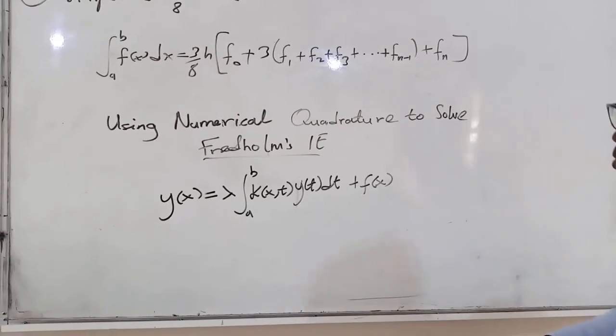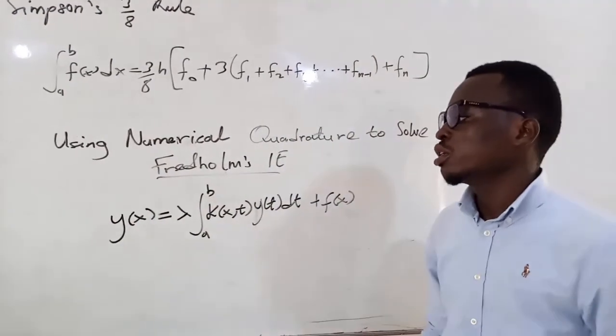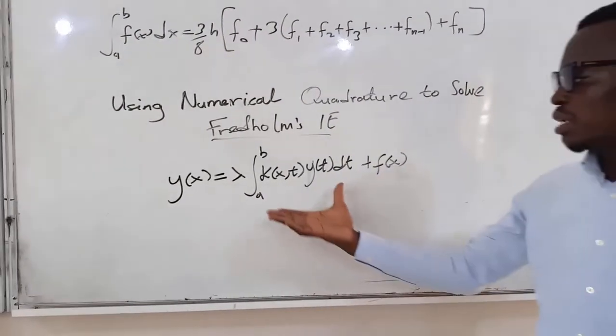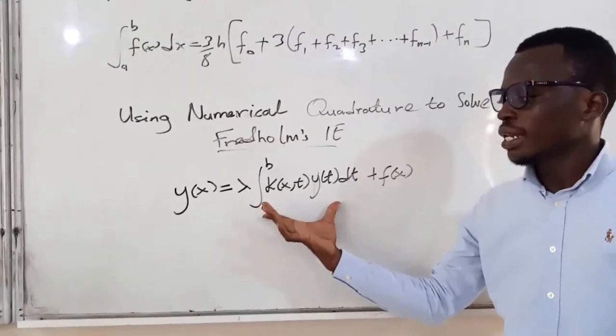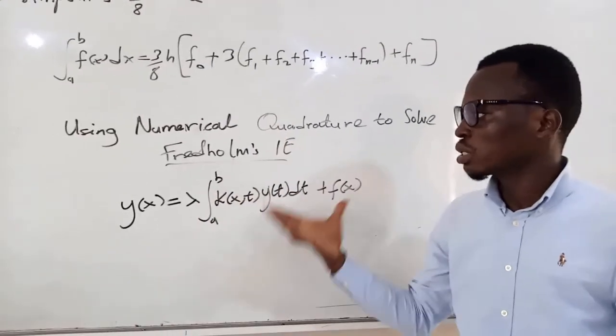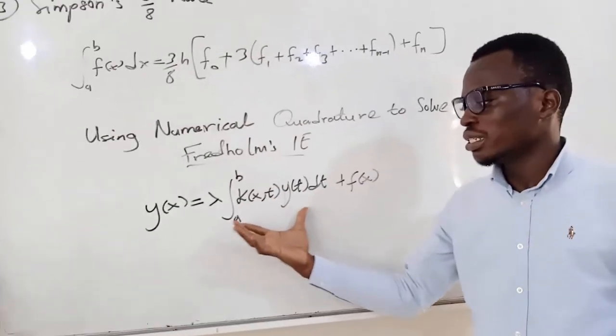We are going to use numerical quadrature to solve this integral equation. You can see that there's an integral here, so we need to approximate this integral using numerical quadrature. We're not going to use the analytic form again.